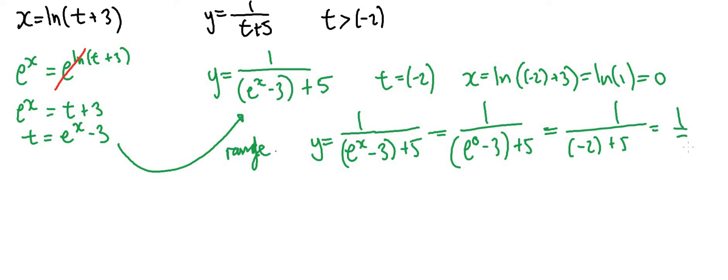So that is a third. Then as e to the x gets bigger, our denominator gets bigger. So as x tends to infinity, y will go to 0. So our range is that y is less than 1/3, because that's going to be the biggest value when we have our minimum x value.